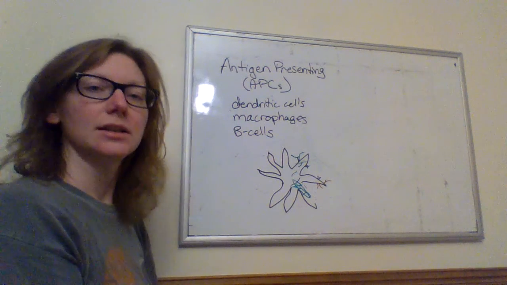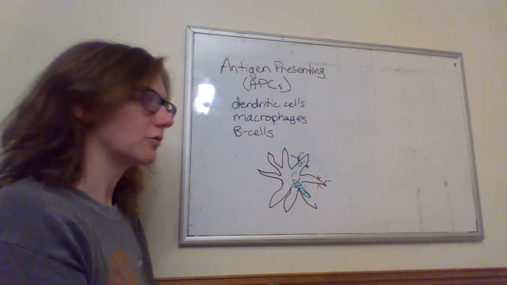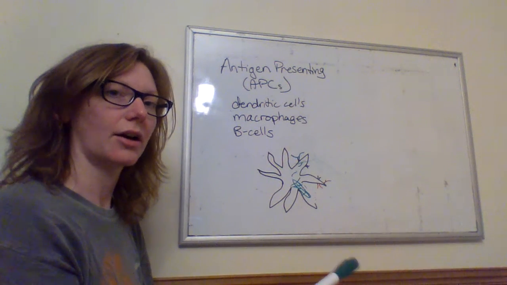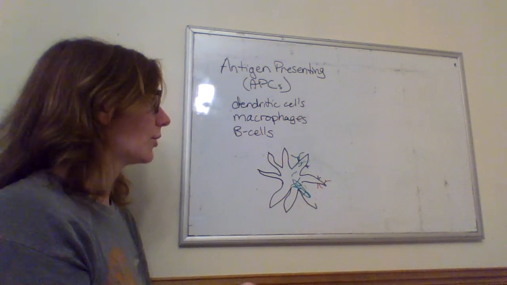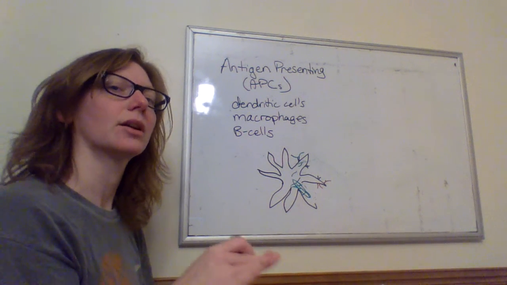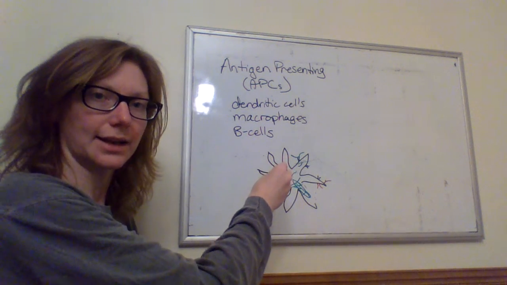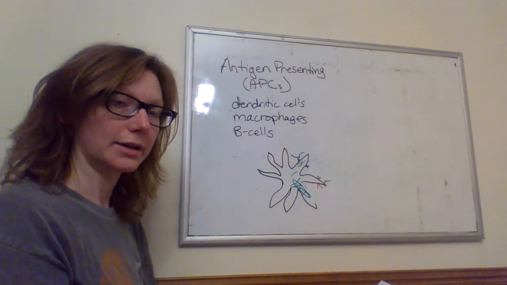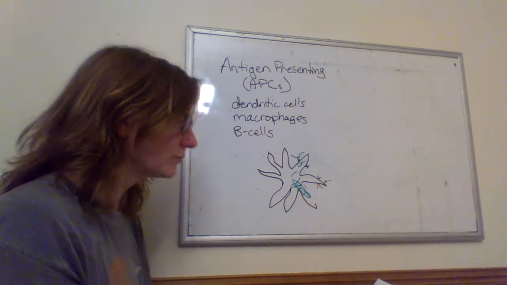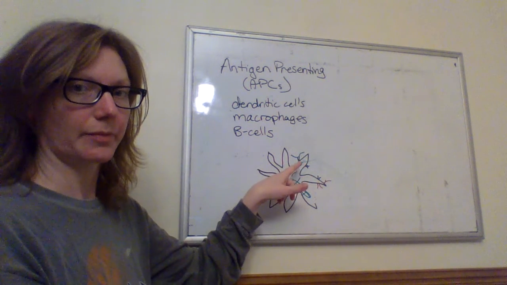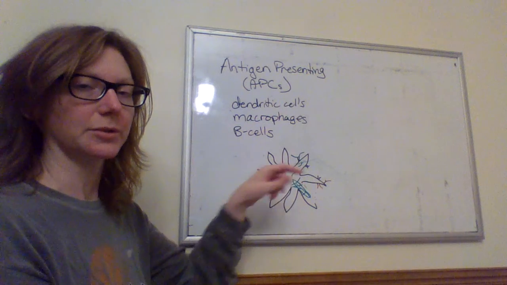If it is an endogenous, if it's a cancer, if it's a virus, viruses kind of make our cells go haywire. So our cells know to chop up the parts that are making it go haywire and present it on the outside. And in that case, it uses an MHC1 complex. So we have this presented antigen right here, this epitope here.